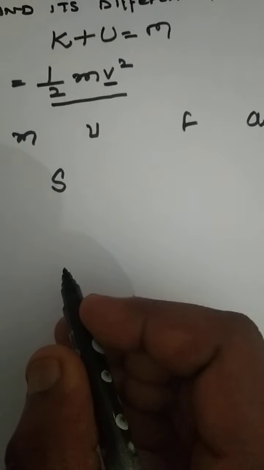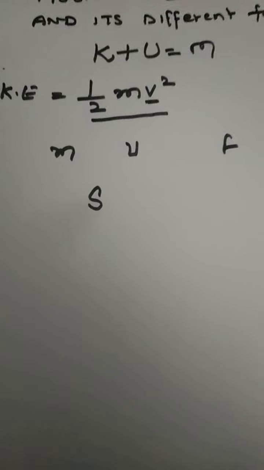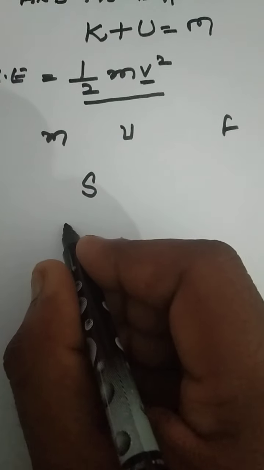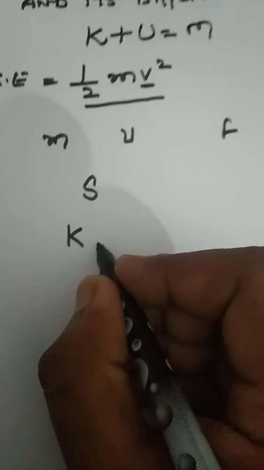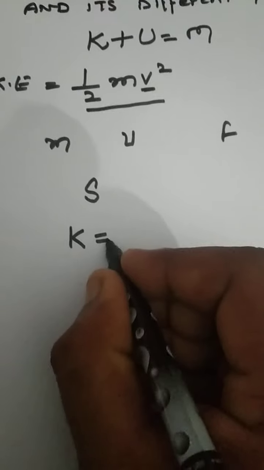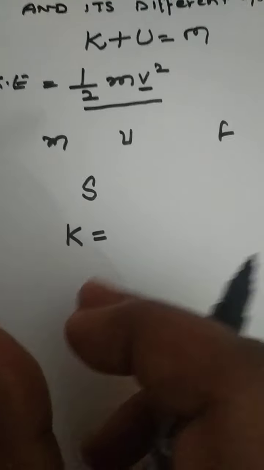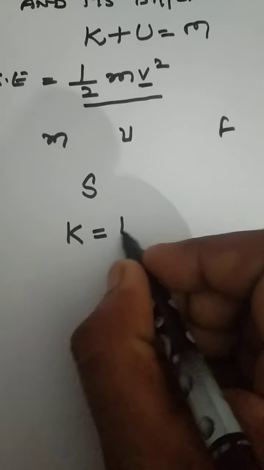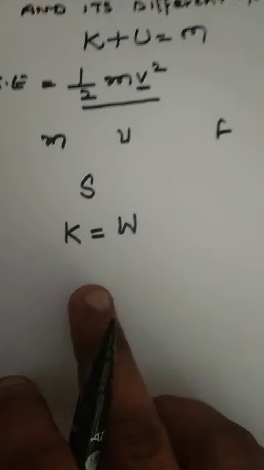So how to prove the kinetic energy? One thing you have to understand here: the body is moving with kinetic energy, it means that much work we have to do, so our work should be equal to the kinetic energy.